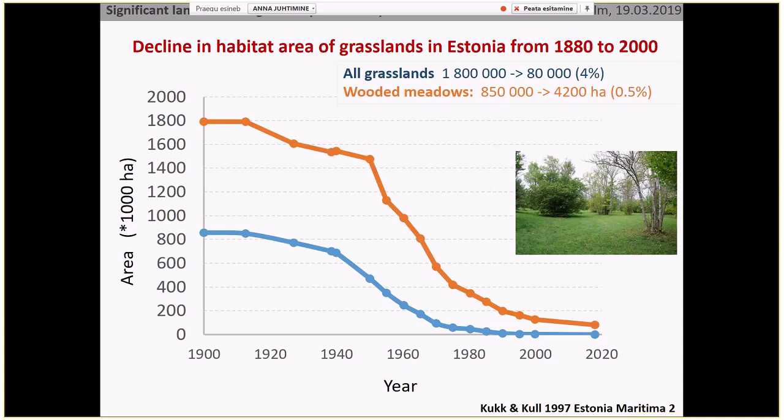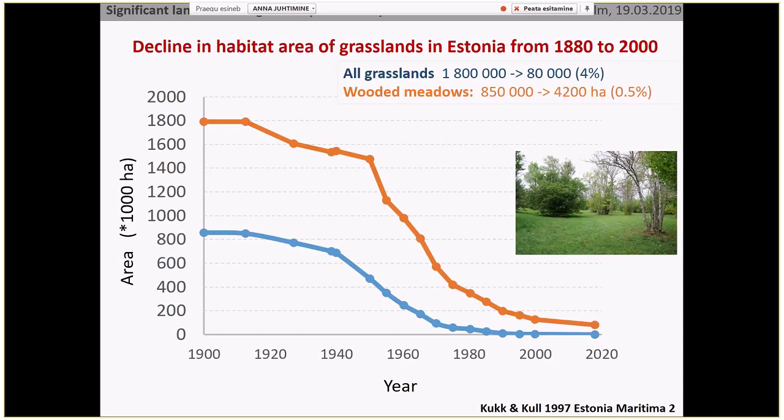Only 100 years ago, we had 1.8 million hectares of semi-natural grasslands, which means around a third of the total area of Estonia was covered by grasslands. The orange line represents all grasslands, and the blue line underneath is the coverage of wooded meadows, which historically covered 850,000 hectares, but nowadays managed is actually less than 700.